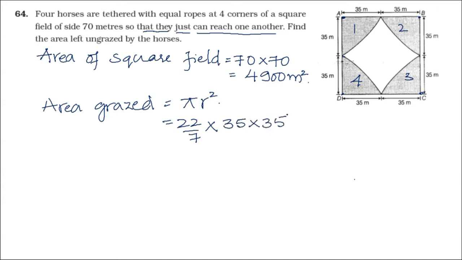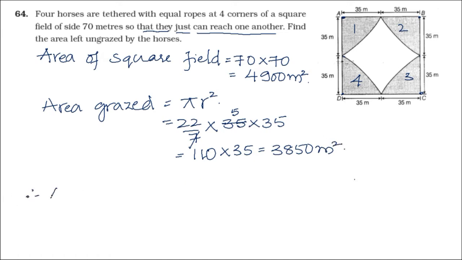So 35 into 35. 5 times 7 is 35. So 22 multiplied by 5 is 110. This is multiplied by 35. We get 3850 square meters.